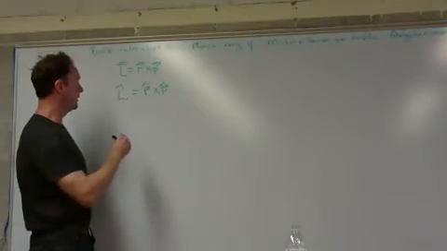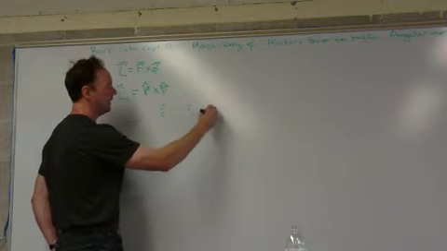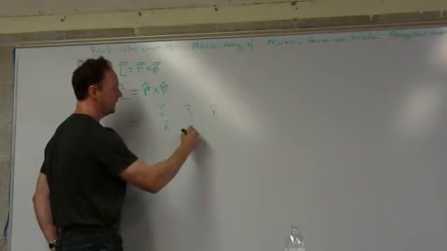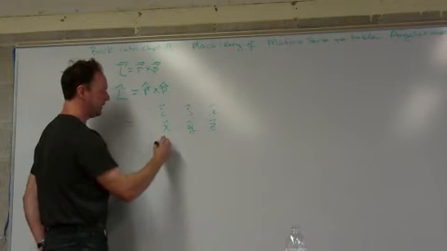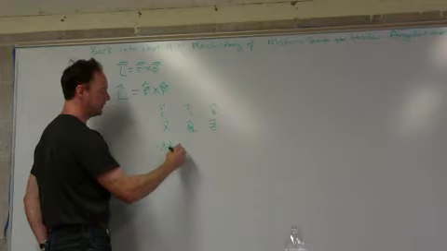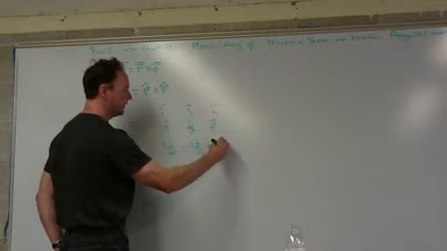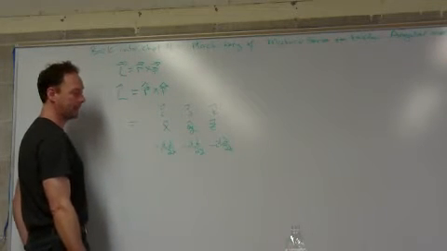So how about this? L equals, this is how I do it: i hat, j hat, k hat, then X, Y, Z, and then minus i h bar partial with respect to x, minus i h bar partial with respect to y, minus i h bar partial with respect to z. Do you want the hats on the X, Y, Z?